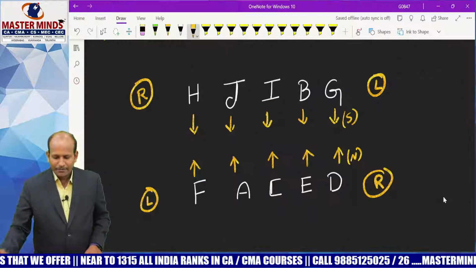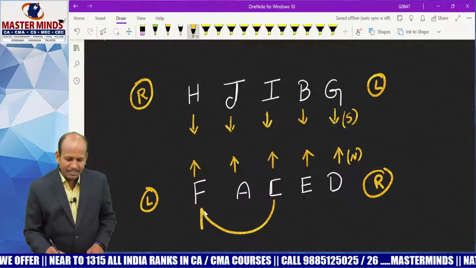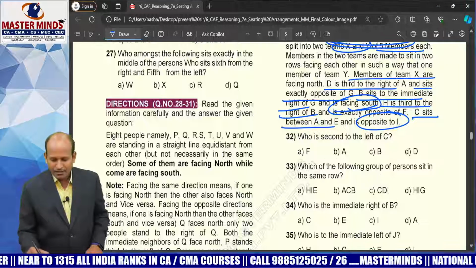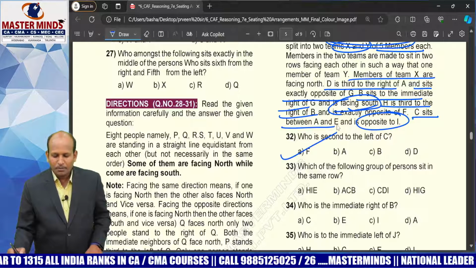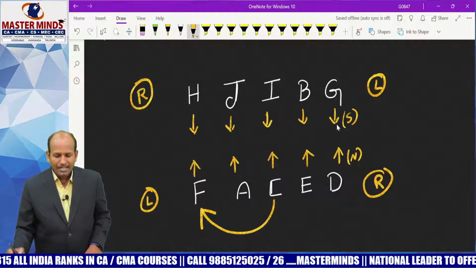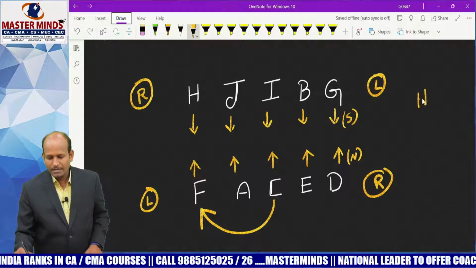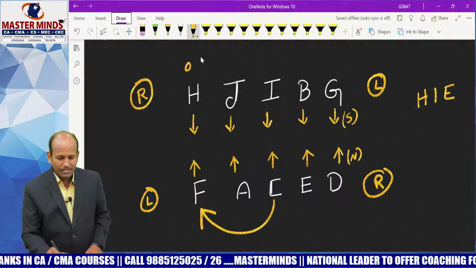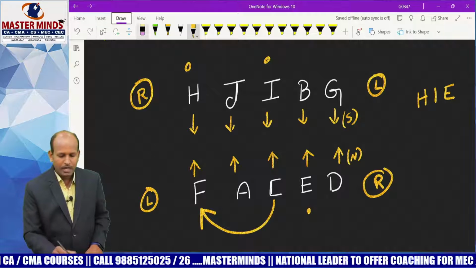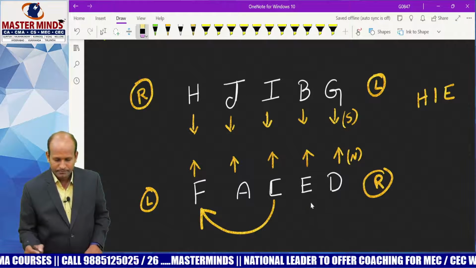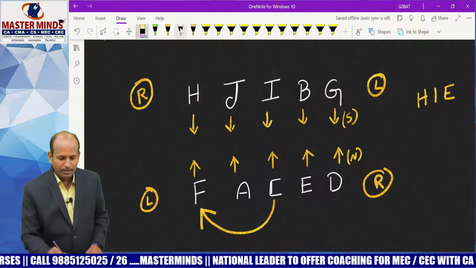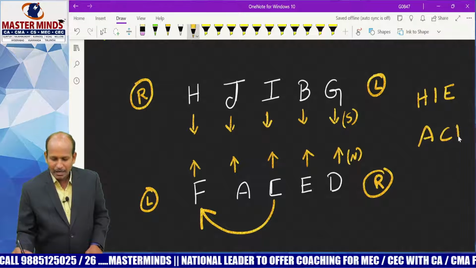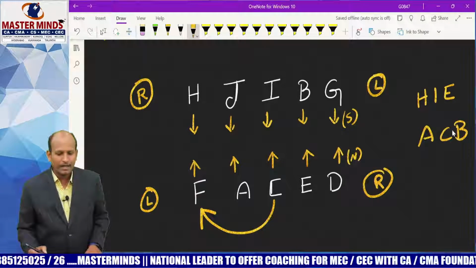Who is second to the left of C? Second left means our left. So F is your answer. Which of the following groups of persons sit in the same row? Option H, I, E: they are not in the same line. Second option A, C, B: A and C are in the same line but B is in the other line.